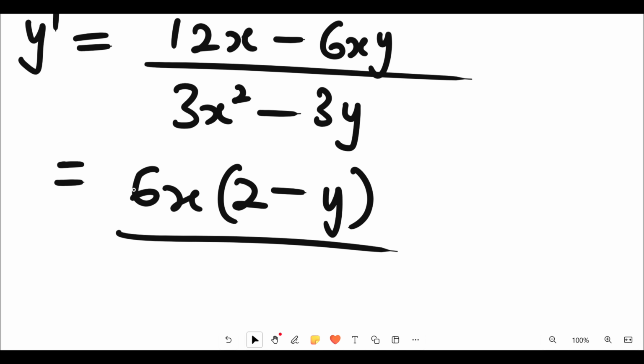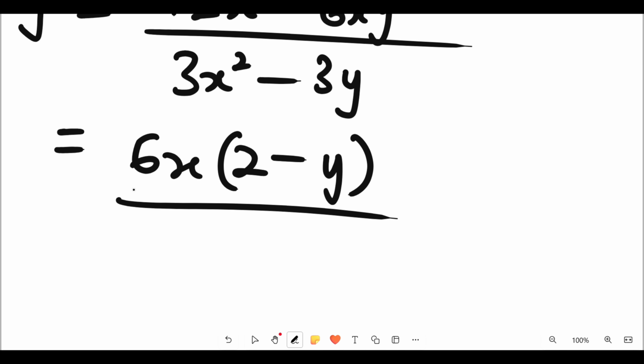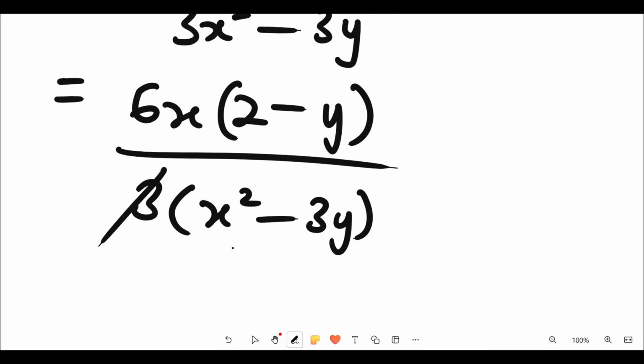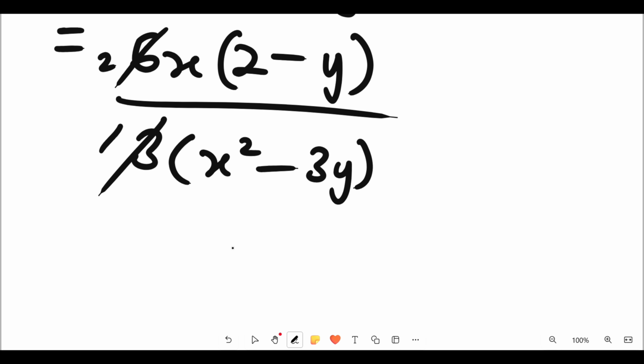Then the denominator, 3x squared minus 3y. We can also factorize 3 out, because 3 is the highest common factor. So 3 times x squared minus y.